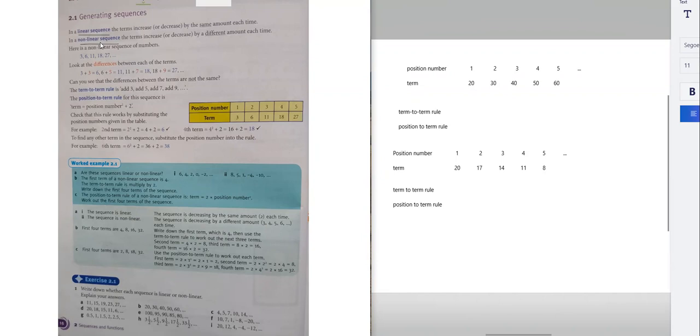And okay, so let's see one of the examples. What is the meaning of linear sequence and non-linear? Okay, linear sequence is when from term to term you are going to plus or minus the same figure.